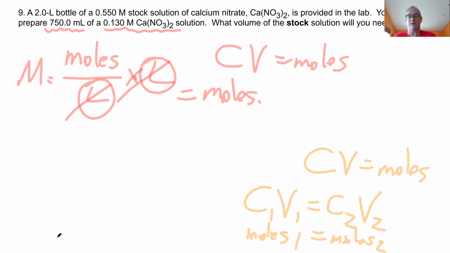I'm just asking the question, how many moles are there in the dilute solution? Okay. So how many moles in the dilute solution do we have? We have a volume and we have a concentration. That's all the information we need.